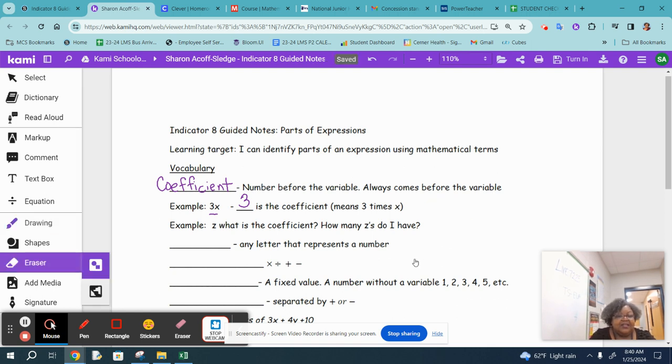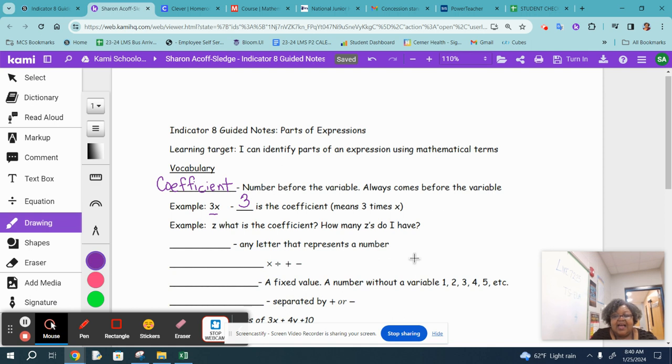I'll give you another example. Let's say I have 5g. 5 is the coefficient. I'm just going to put co-e. And it means, write this on your notes, 5 times g.